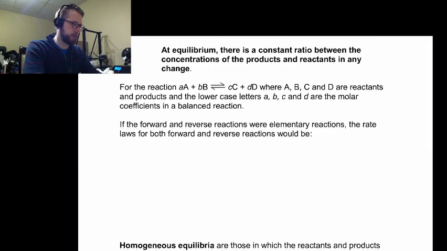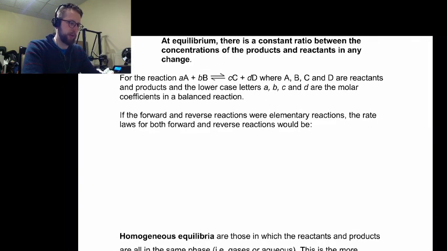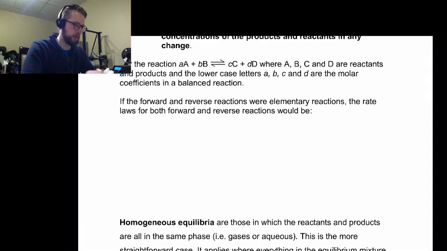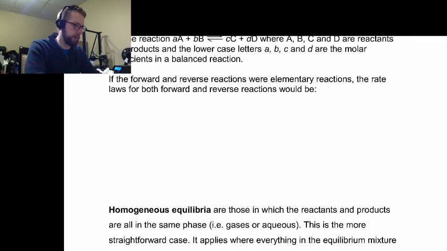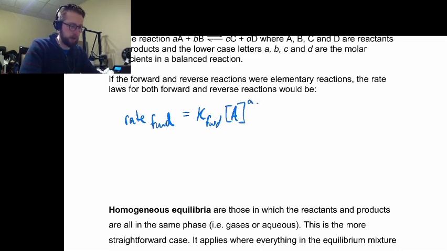So here, if the forward and reverse reactions were elementary reactions, the rate laws for the forward and reverse reactions would be: if we have some sort of reaction where we have A and B going to C and D, then we could say that the rate of the forward reaction would be equal to k_fw times [A]^a times [B]^b.